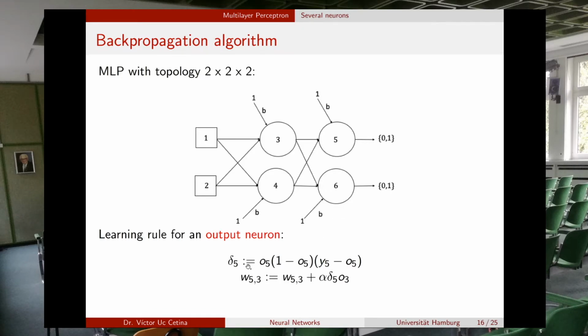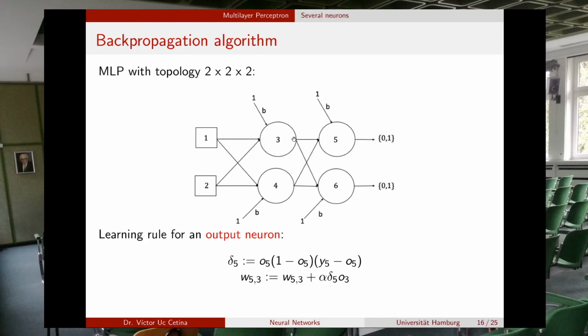Once you have computed the error of neuron 5, you can update the weights of the connections going into neuron 5, which in this case follows this rule. In this notation, W5,3 means the weight that goes into 5 coming from 3.